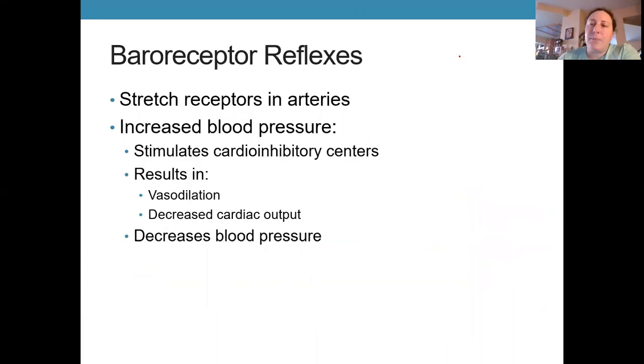Okay, so an example of this neural regulation is baroreceptor reflexes. Baroreceptors monitor blood pressure by monitoring the amount of stretch in arteries.